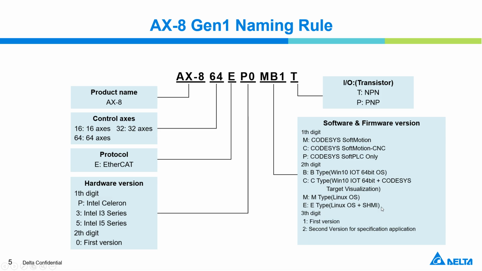Soft HMI means the HMI is running on the AX controller, so you don't need to use our Delta physical HMI together with the AX controller. And the third digit, one is the first version, two is the second version for specific applications. And the last one, T means NPN, P means PNP, which is the I/O type.